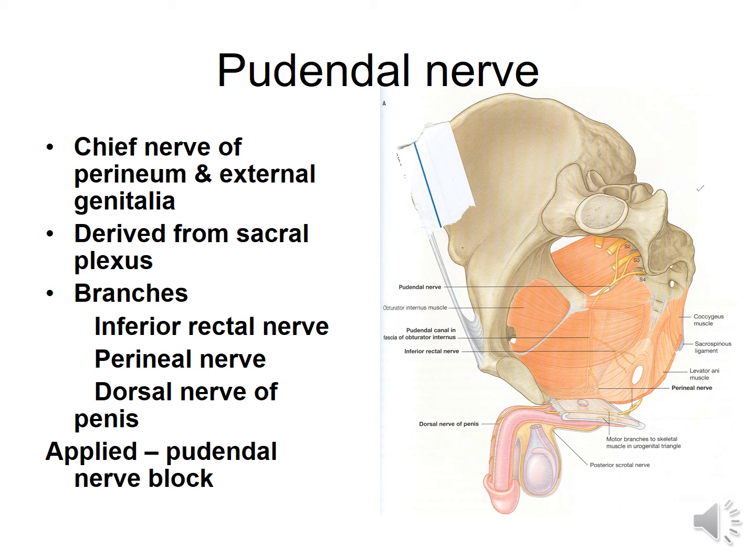It has branches: the inferior rectal nerve, which is given off in the posterior part of the pudendal canal, and its two terminal branches are the perineal nerve and the dorsal nerve of penis. And what is the importance? Whenever any surgery is to be done in this area, regional anesthesia can be given by a pudendal nerve block.